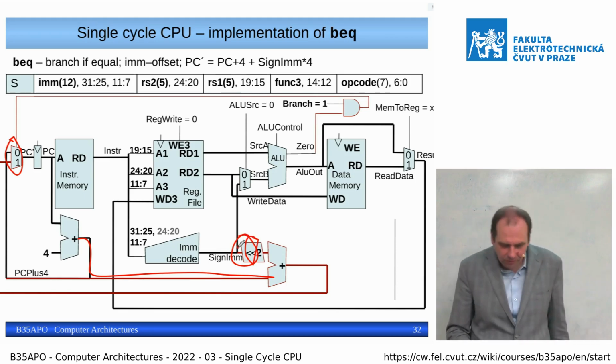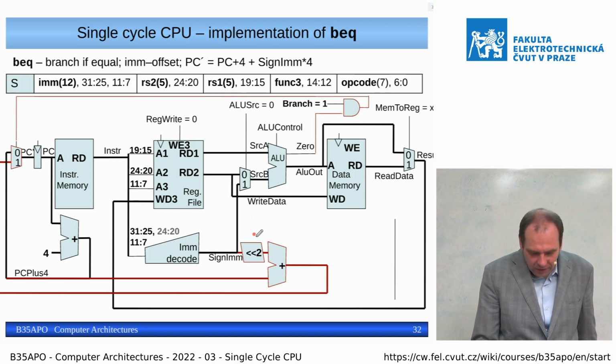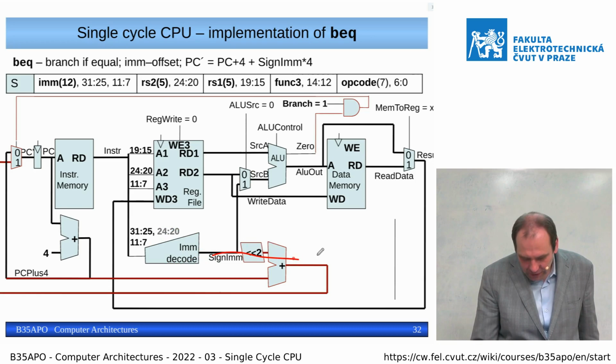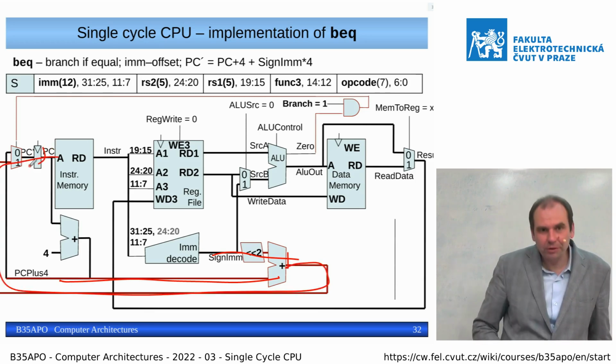It is not exact in our case of RISC-V, in the fact that it is done already in the decoder, that shift or multiplication by 2. But anyway, it is somehow provided here. And we add the value of the PC with those immediate value, new address for the program counter.